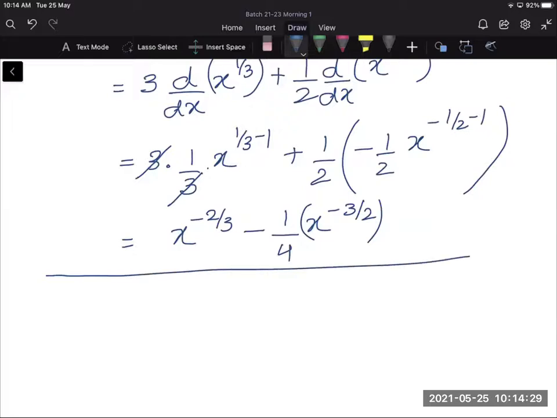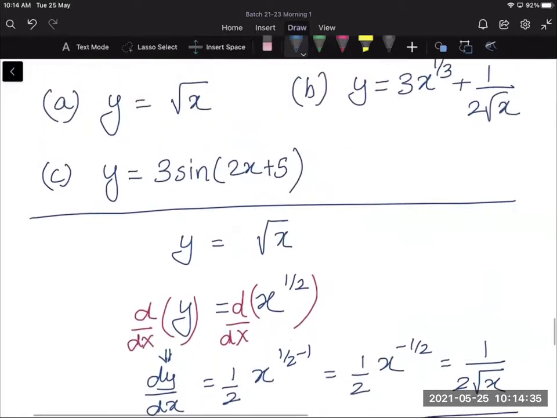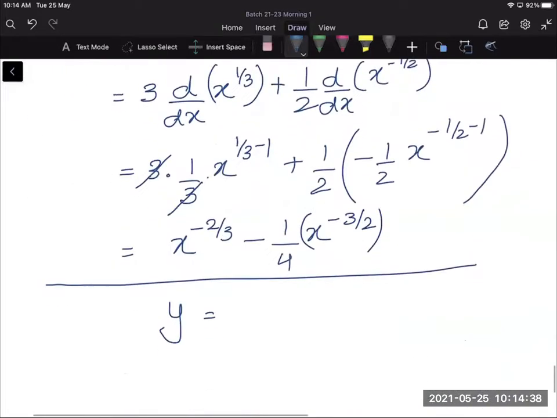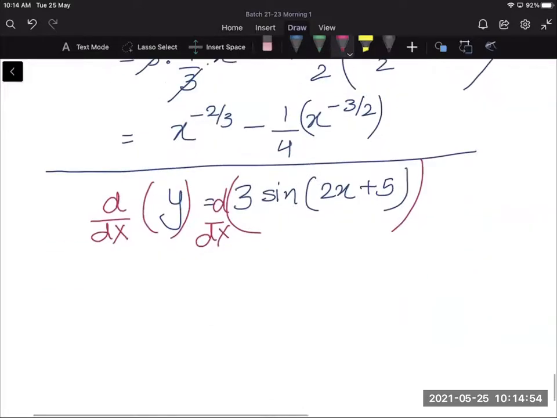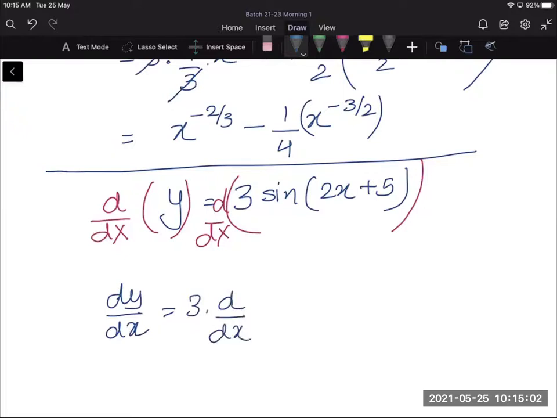Then the third one, y is equal to 3 sine 2x plus 5, right? So d by dx, and then I use rule number 1. So this is simply dy by dx. This becomes 3 into d by dx of sine of 2x plus 5.